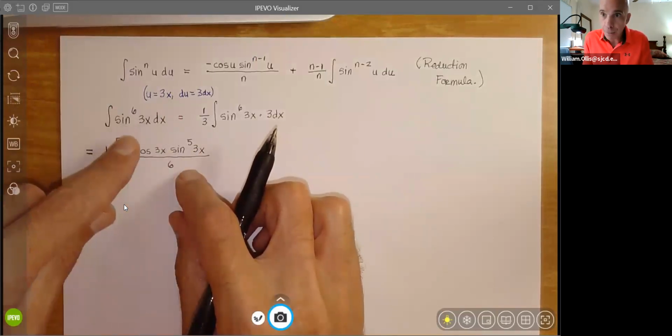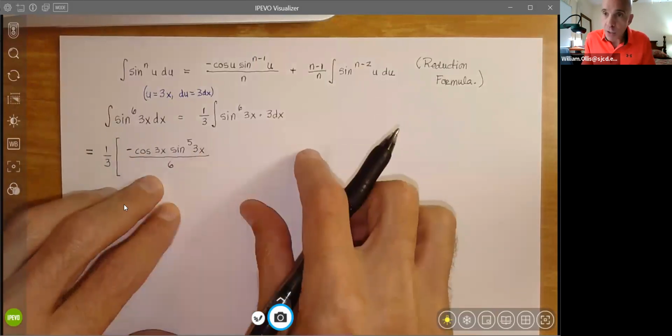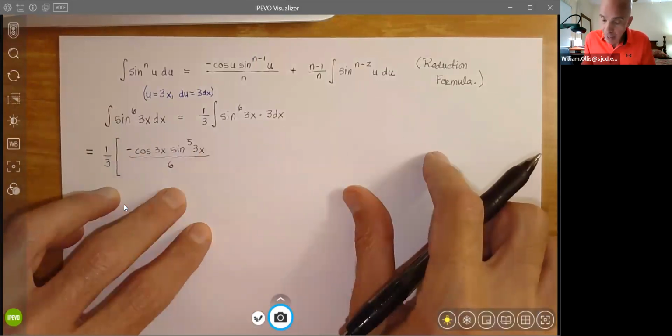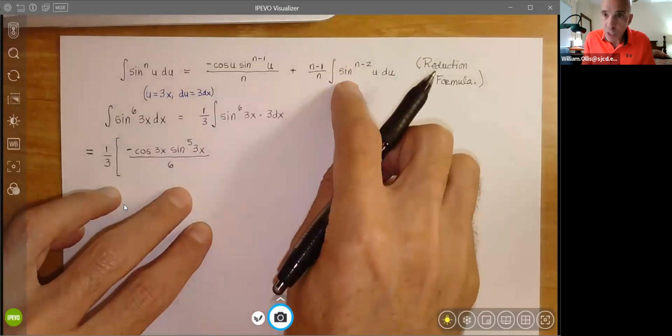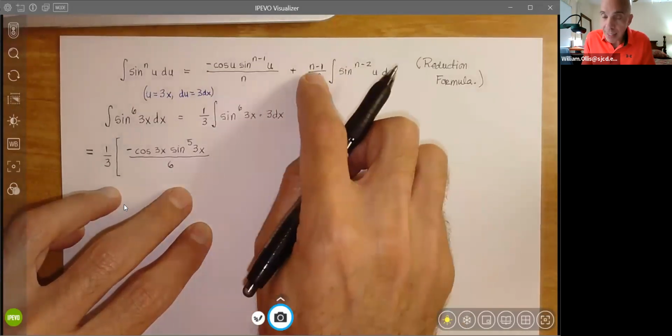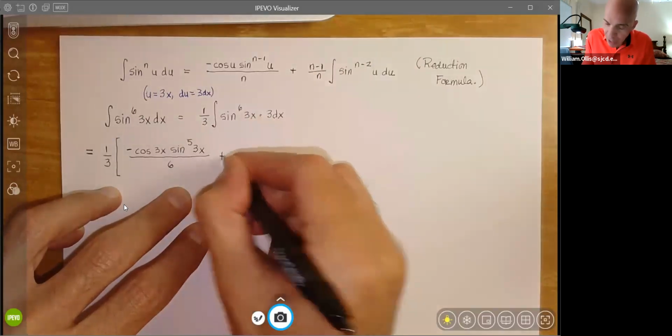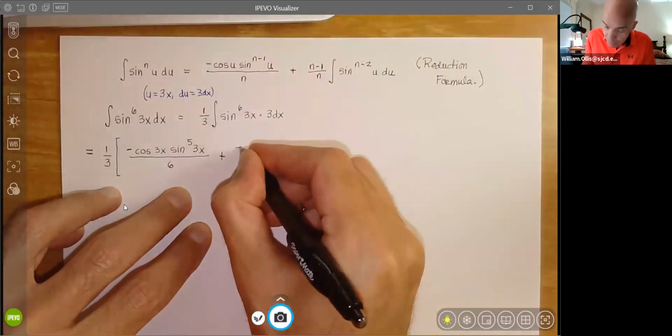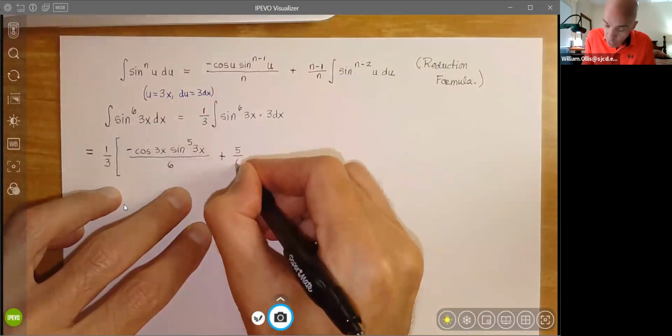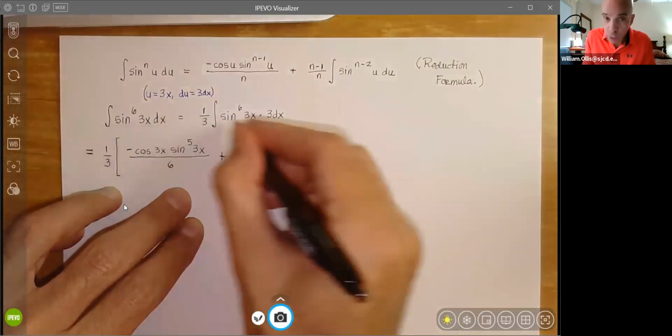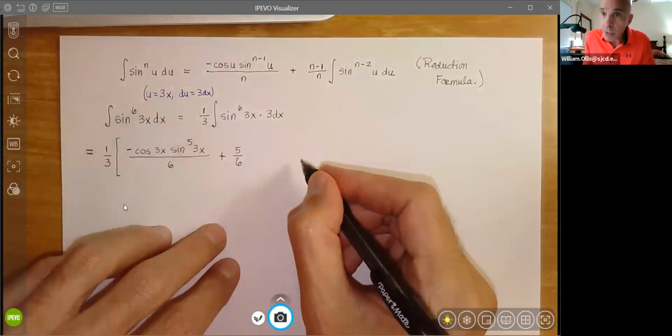That term's done. So this will generate the terms step by step. And then we move over to this part of the reduction formula. Again, n minus 1 is 5. So once we recognize the pattern, we just fill in the numbers. And that's the beauty of the integral table. But you have to respect the u and the du.